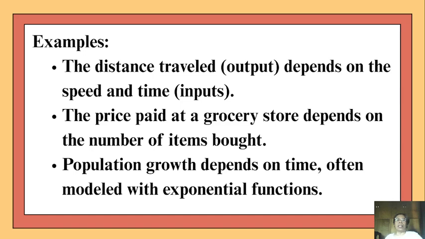Examples: the distance traveled depends on the speed and time, and of course, the distance traveled is the output, and the speed and time would be the inputs. The price paid at the grocery store depends on the number of items bought.